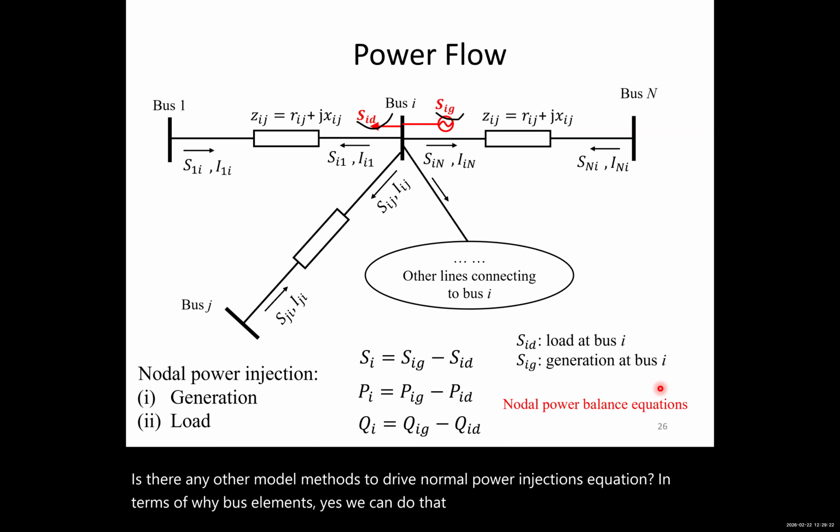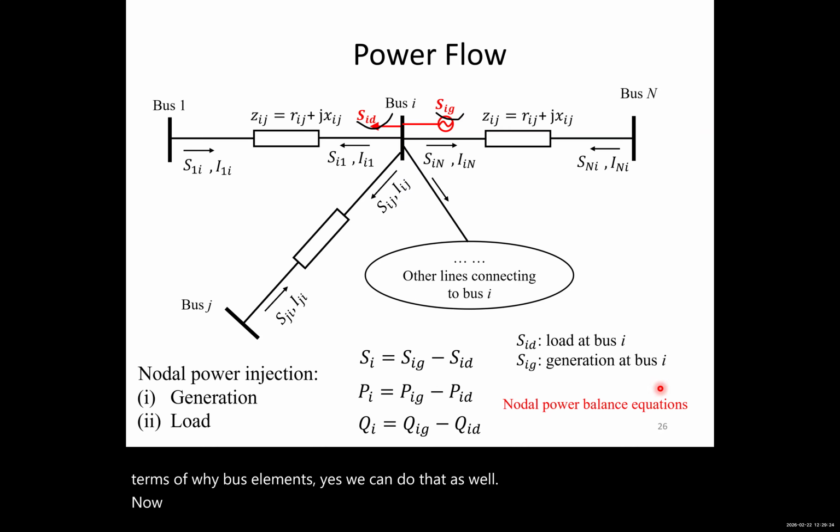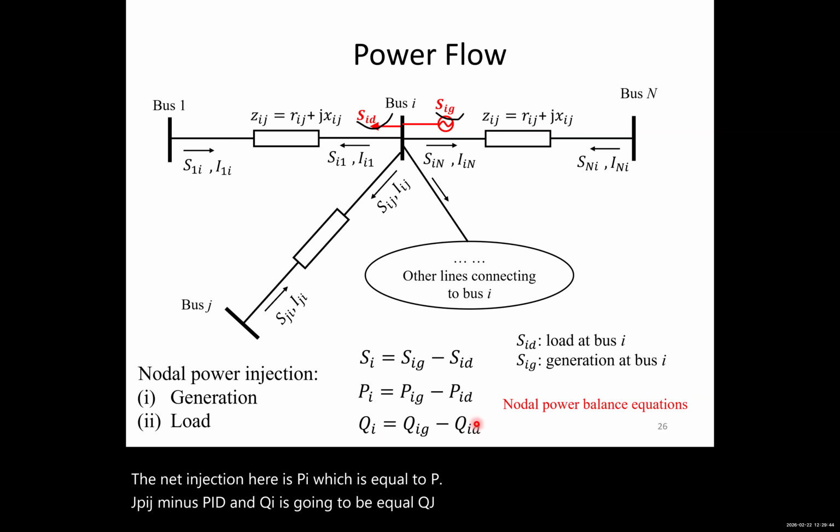Now, at each bus, we separate generation and demand. The net injection here is Pi, which is equal to Pig minus Pid, and Qi is going to be equal to Qg minus Qd.